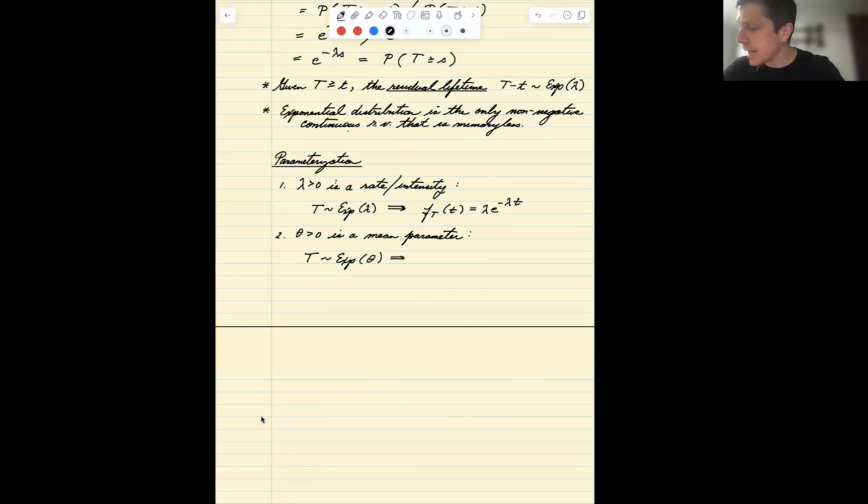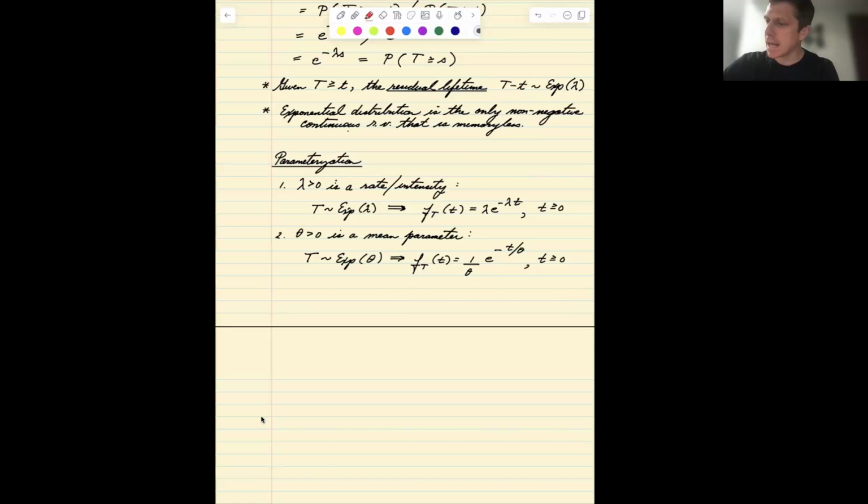T exponential theta would have f of t equal to 1/theta e to the minus t over theta, with t bigger than or equal to 0 in all cases. So these are two different ways of doing it. They're not the same, right? They have very different meanings, and we have to be careful not to mix them up.